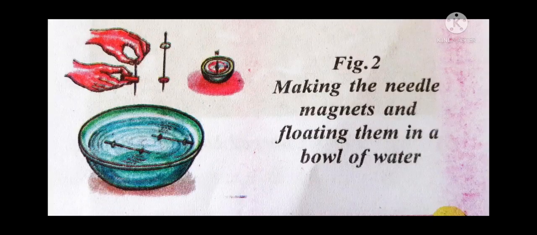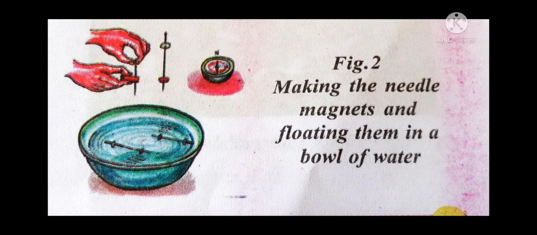Magnetic force. Take a sewing needle, rub it with a bar magnet several times, always moving the magnet in the same direction. Does the needle get magnetized? You may find that the needle acts like a magnet.